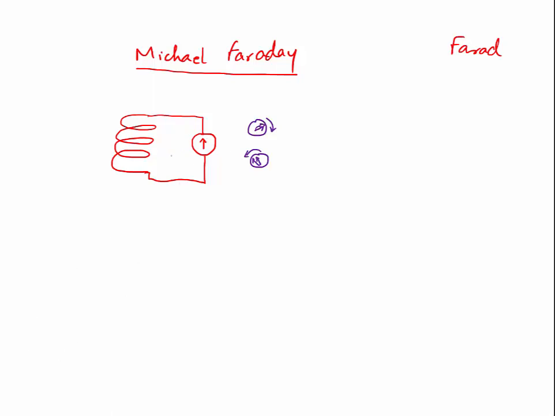So he took this, there was no battery, nothing, just a coil and an ammeter, and he placed a magnet inside the coil. And when he placed the magnet in the coil, let's say with the North Pole there and the South Pole here, nothing happened.